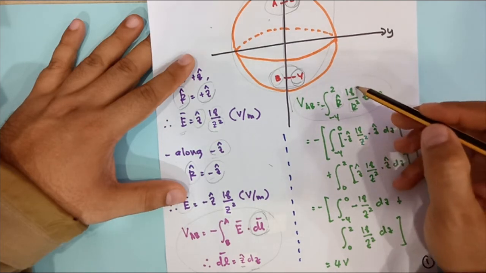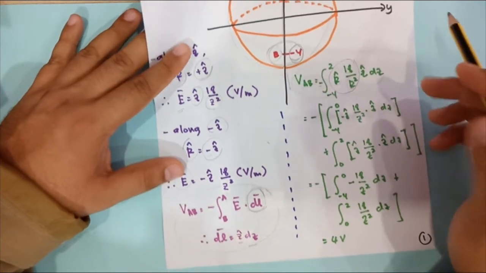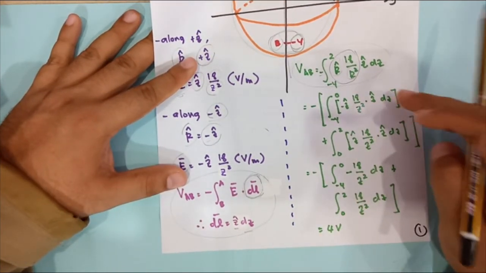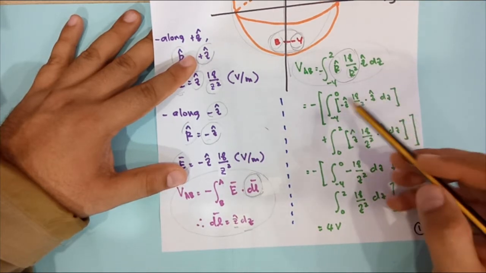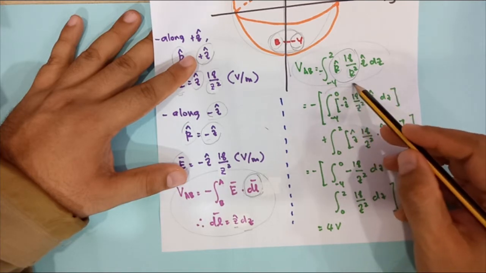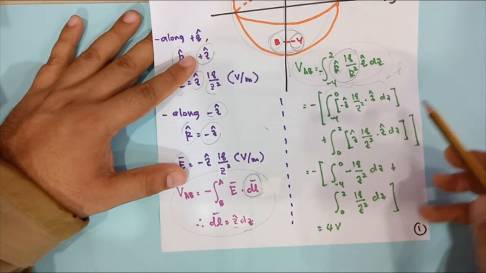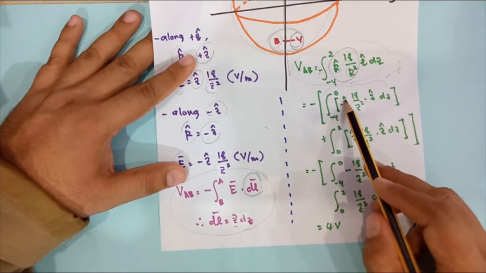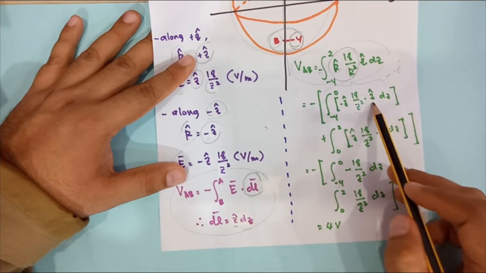Since this expression can be expressed in a z component, we need to perform two different integrations. The first integration is from -4 until 0. This one is in the negative z cap direction, so we have minus z cap 18 divided by z squared dot z cap dz.